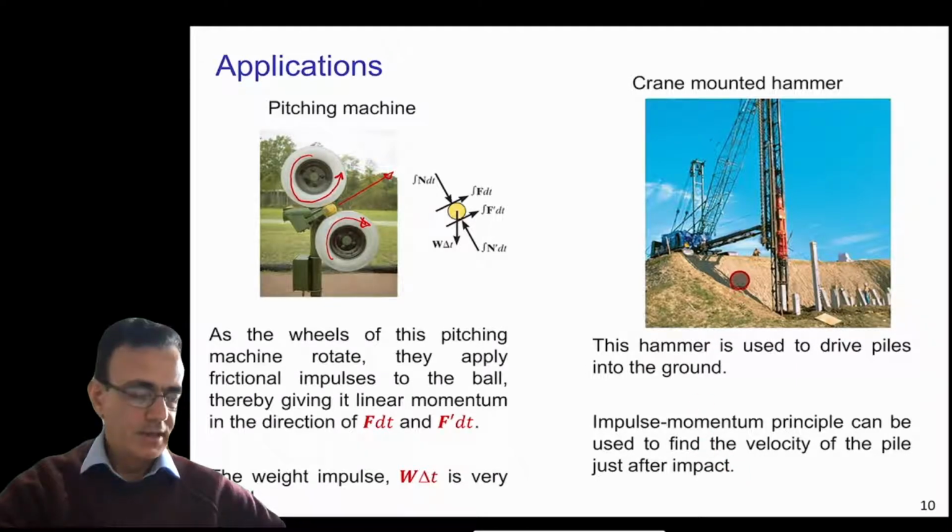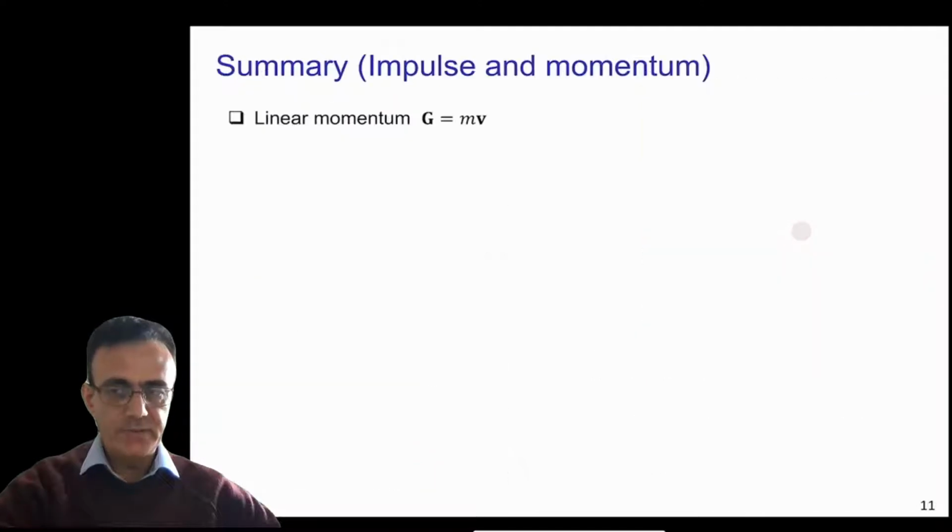You may be interested to find out the velocity of the pile after the impact with the hammer, and then you can use this impulse momentum principle to calculate these velocities, which we will do in the numerical examples. Okay, so that's it for today.